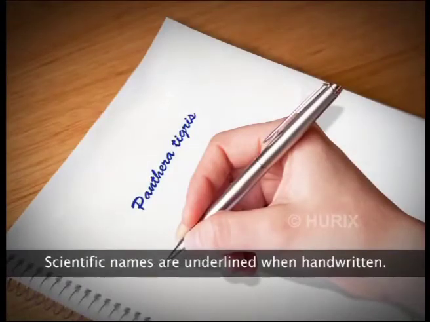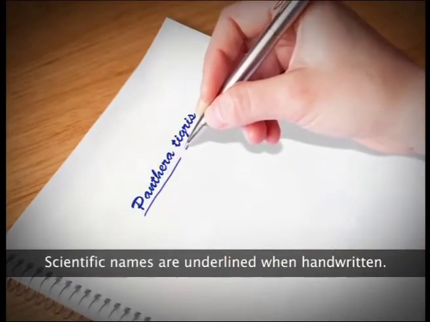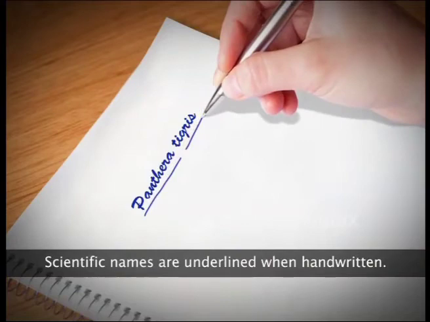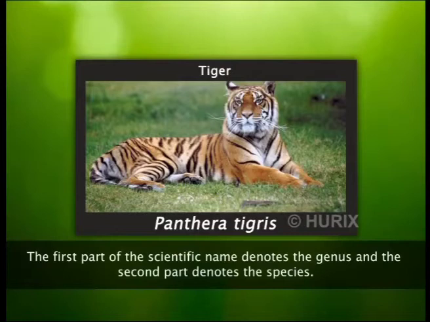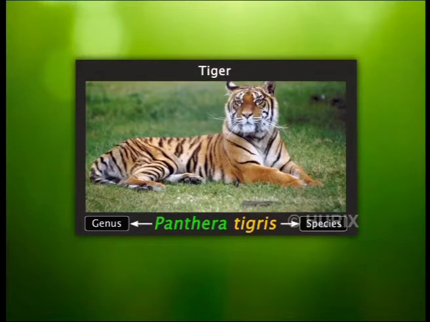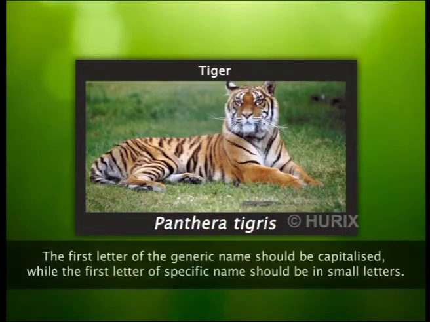When handwritten, they should be underlined. Each name should be underlined separately. The first part of the name denotes the genus, and the second part denotes the species. The first letter of the generic name should be capitalized. The first letter of the specific name should be in small letters.